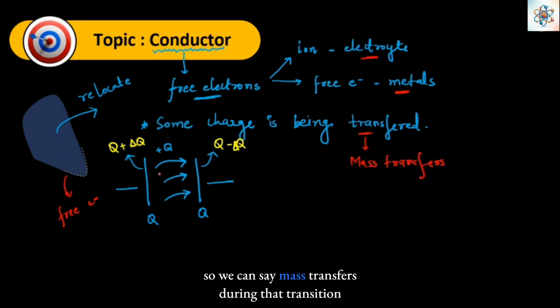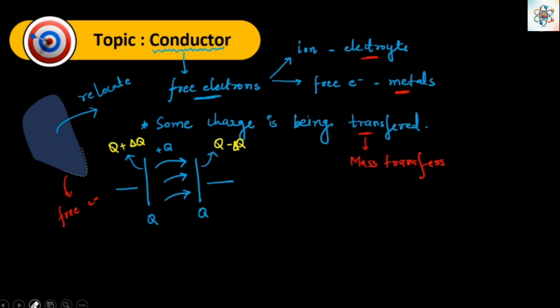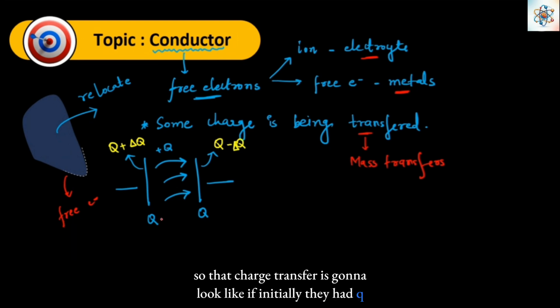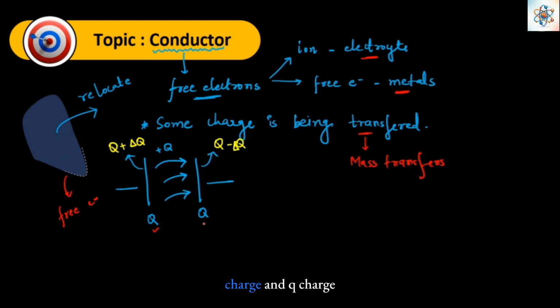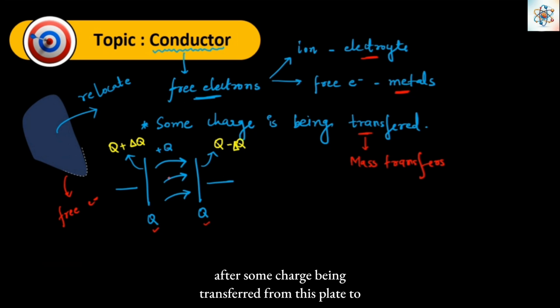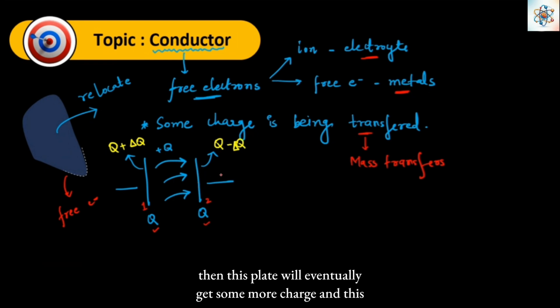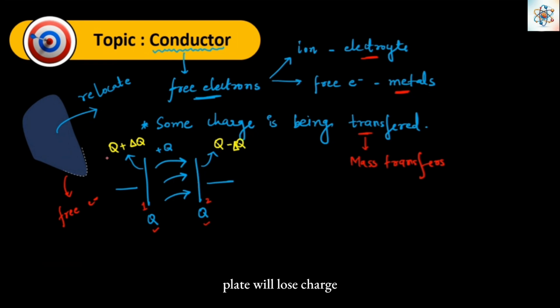Let us assume that there is a capacitor in which some charge transfer takes place. That charge transfer is going to look like this: initially they had Q charge and Q charge. After some charge is transferred from this plate to this plate, like from 1 to 2, this plate will eventually get some more charge and this plate will lose charge.